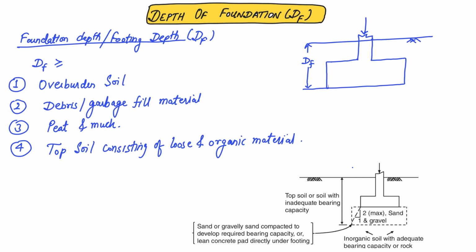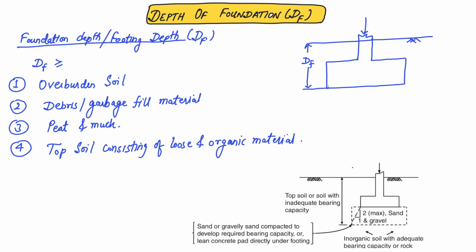Now, generally, soils encountered within the zone of frost penetration remain in an unstable condition because of alternate seasonal freezing and thawing. Consequently, a footing located within the zone is lifted during the cold weather due to freezing of the soil pore water, and it settles down during warm weather due to thawing of the frozen water.